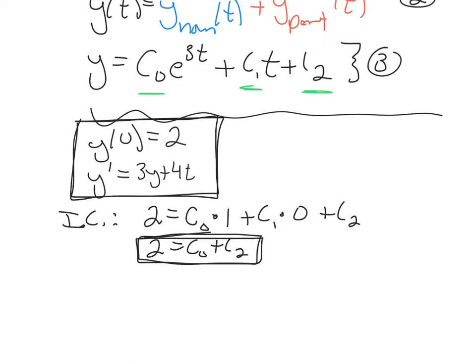Now let's use the differential equation. For the differential equation, if I put the homogeneous solution in for y, then I know that this part of the differential equation will be automatically satisfied, because the solution to the homogeneous equation is the solution to the part that I just highlighted in green.